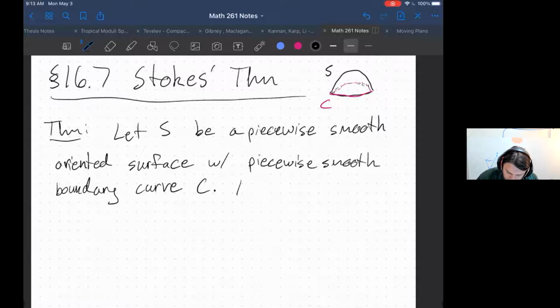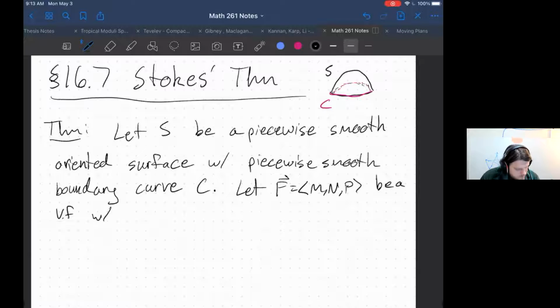So this is the setup. We want to let F be our vector field, and again, we'll just take M, N, and P to be the components of that vector field. I'm just going to say nice components.